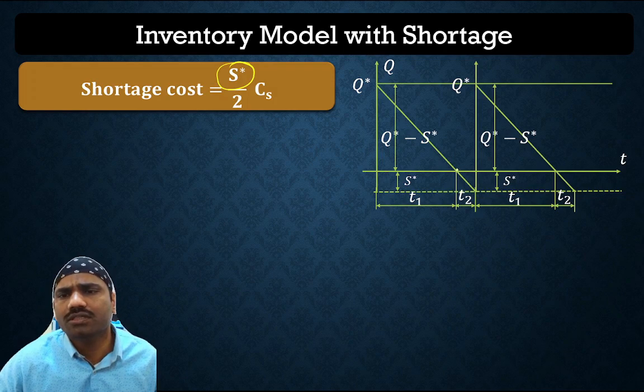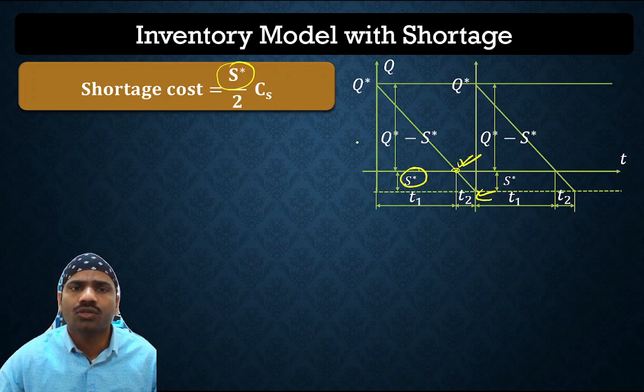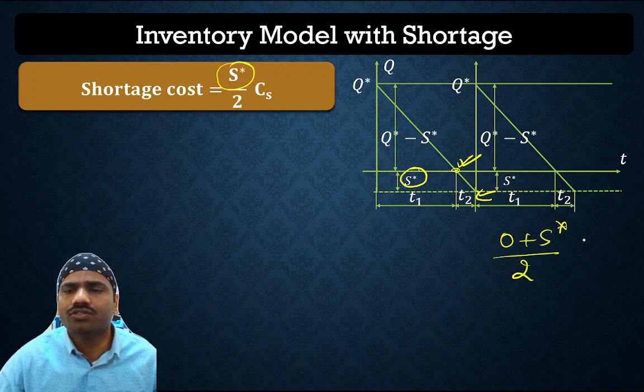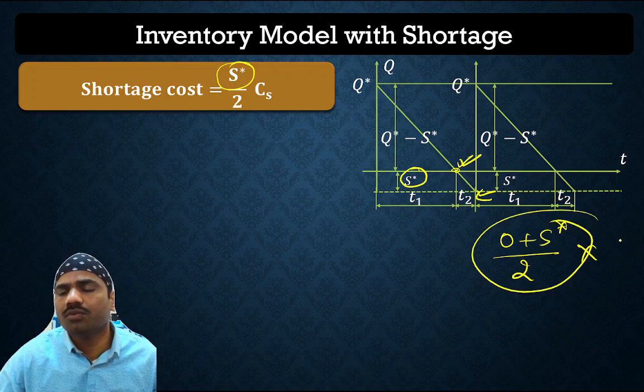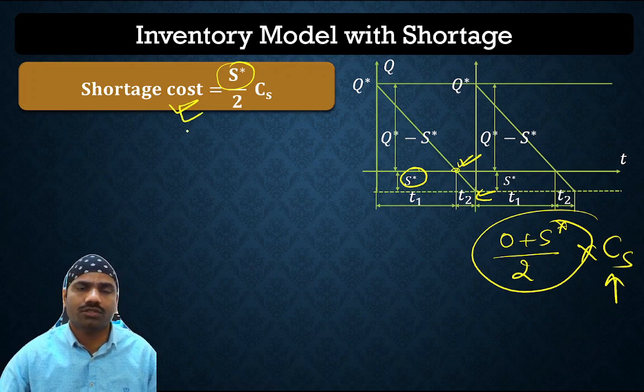Initially we have zero shortage at this particular point, and at this point of time we have the maximum shortage, and that shortage is S star. So here we have no shortage, so this is 0 plus S star by 2. This will give you the average shortage, and if you multiply this average shortage with the shortage cost, you will have the total shortage cost.